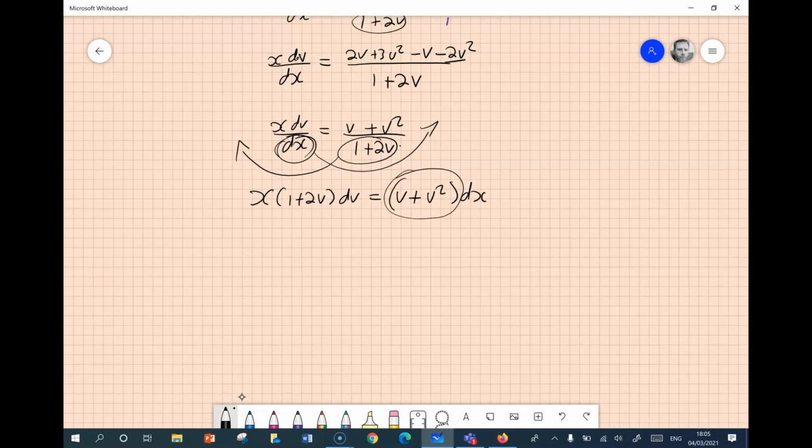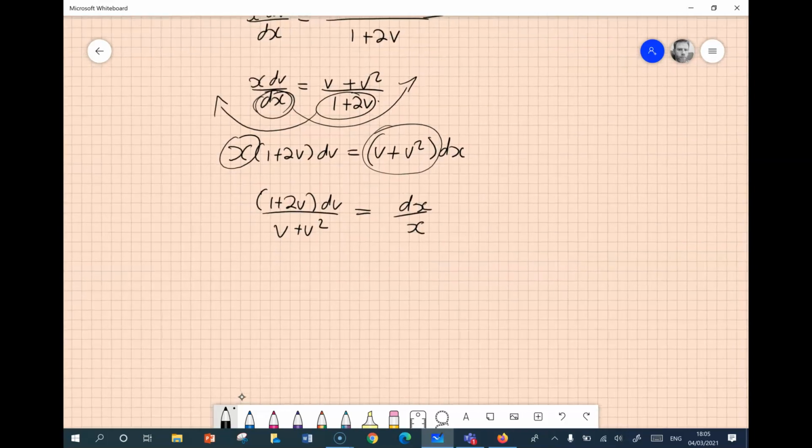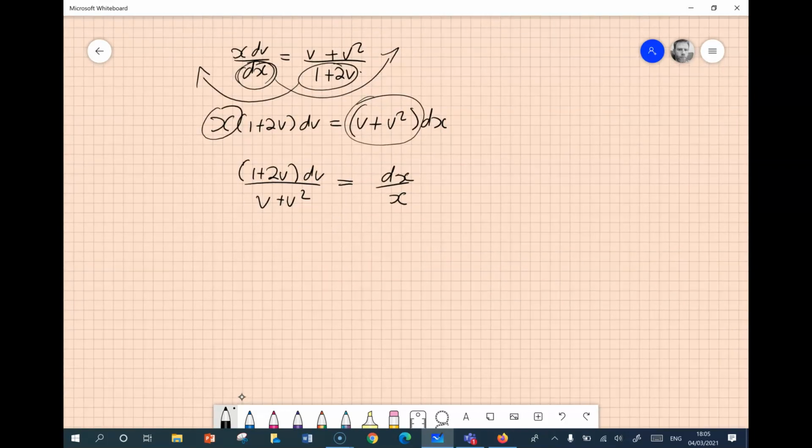So I need to get this x over to the other side. It's multiplying the dv, so when it comes over it will divide. So it'll be (1 + 2v) dv over (v + v²), and the x on the left, which is multiplying, will come over to the right to divide. That'll just be dx over x.